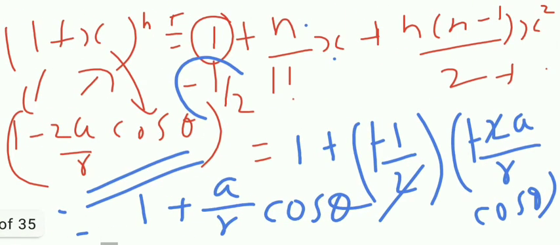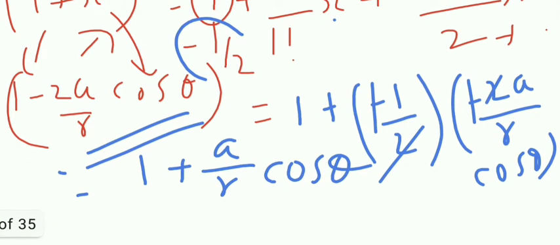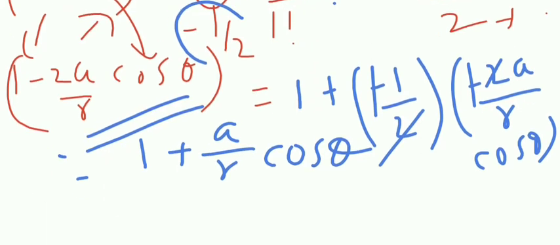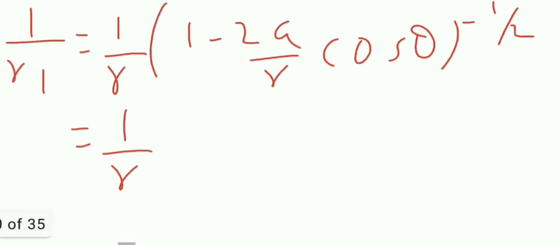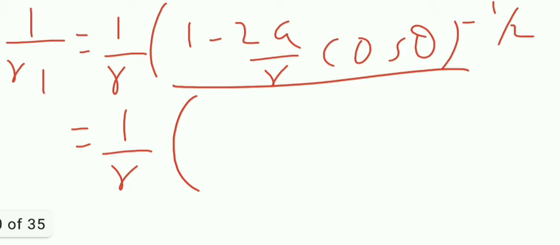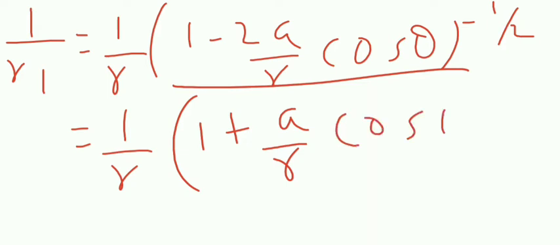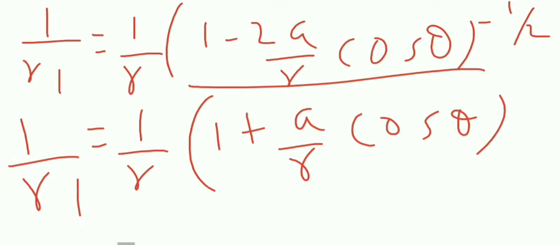On the left hand side we got 1 by r1, right? So 1 by r1 is equal to 1 by r into, instead of this, what we derived, 1 plus a by r cos theta we derived.